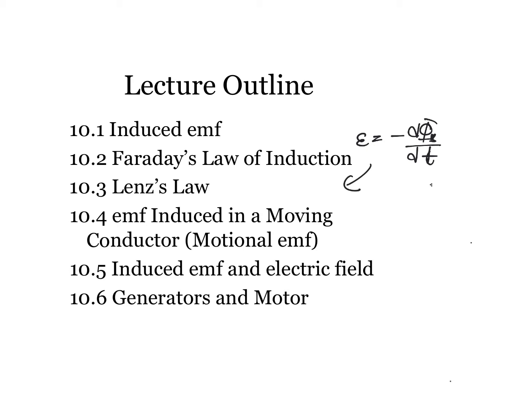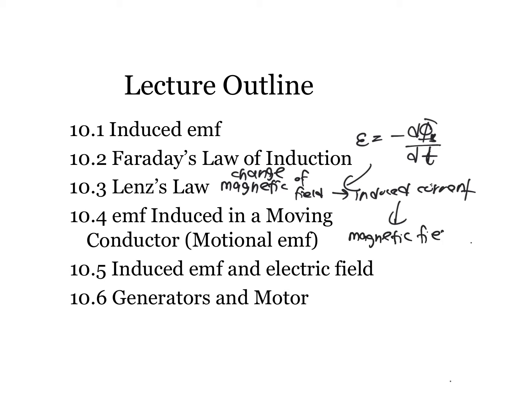Lenz's law is about how we produce a changing magnetic field. A change of magnetic field is going to produce an induced current, and this induced current is going to produce its own magnetic field, which passes through a given area, which we call a magnetic flux, or an induced magnetic flux.